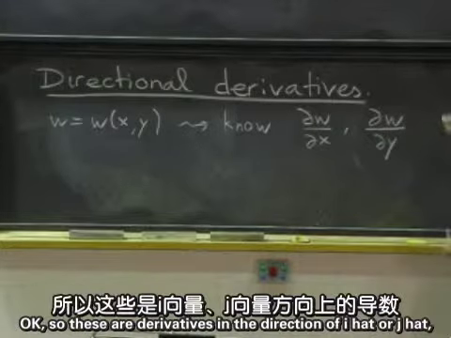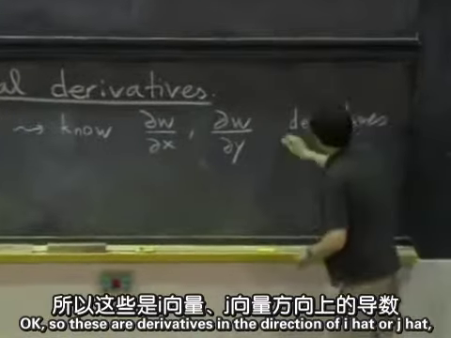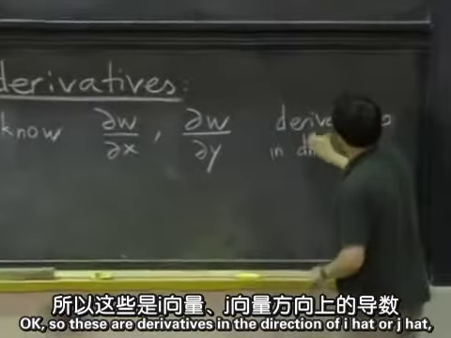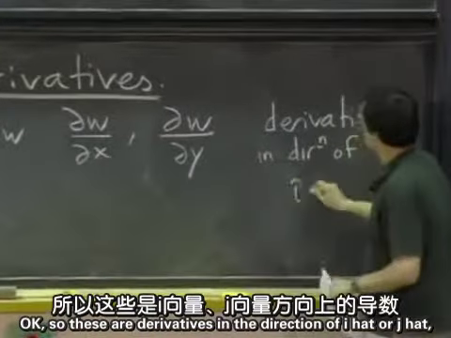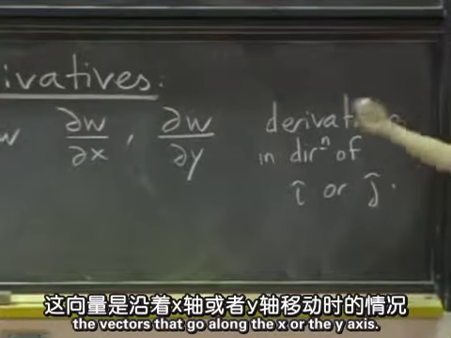Okay, so these are derivatives in the direction of i hat or j hat, the vectors that go along the x or the y-axis.